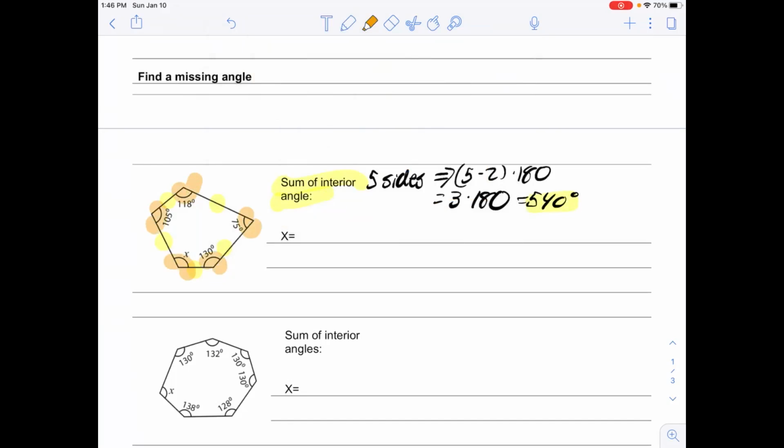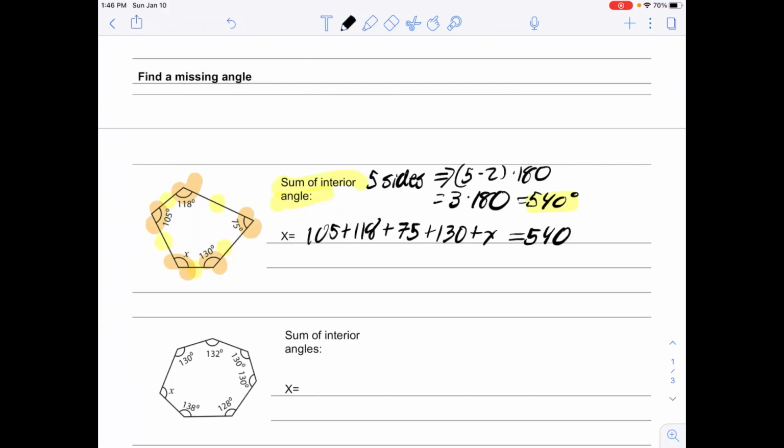Well, in this picture, all of those orange angles, one of them I don't know. I don't know what x is, but I know that all five together have to add up to 540. So if I were to think about how I would find x, I would say, okay, I am at 105 plus 118 plus 75 plus 130 plus x, that has to equal 540 degrees. I got those numbers from those orange highlighted angles.